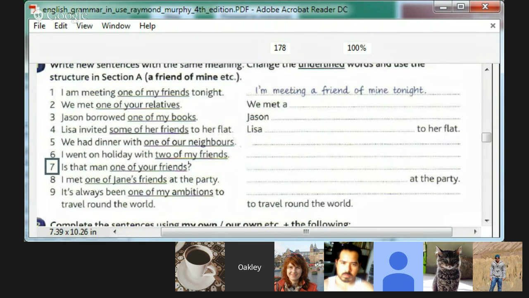Can you go ahead and try to convert number 7? Yes. All right. Is that man one friend of yours? Again, you probably wouldn't say one in that phrase. I'm sorry, a friend of yours. Yeah. Is that man a friend of yours? Right. Yes, because obviously he's one person.